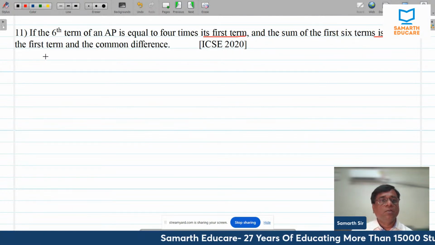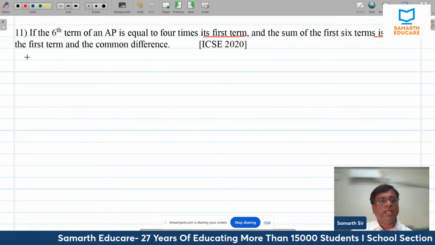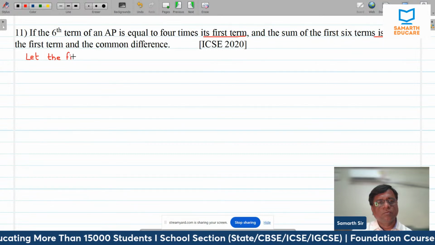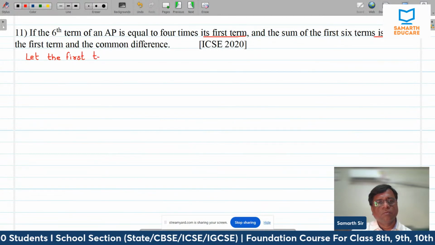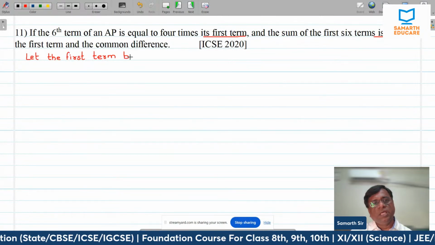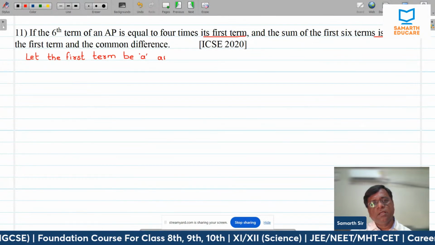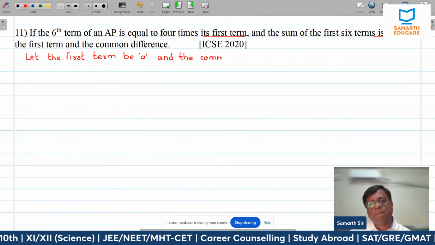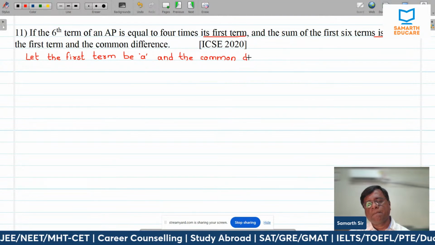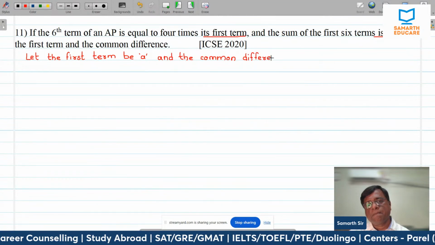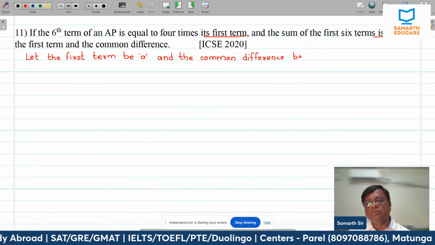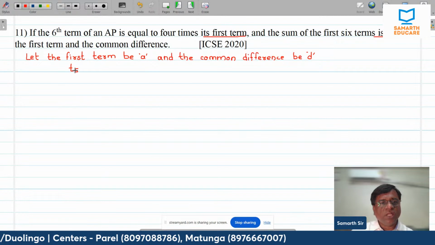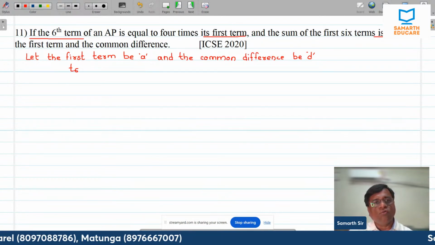Now sixth term of an AP, let me say, let the first term be A and the common difference जो निकालना है be D.